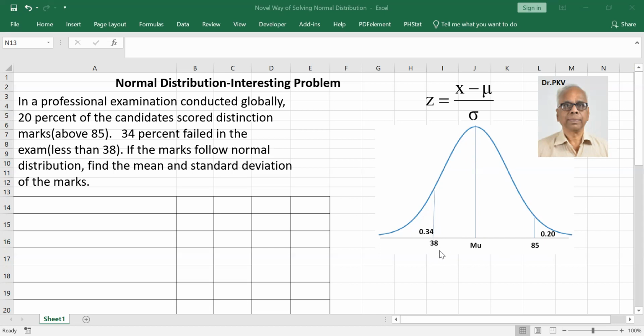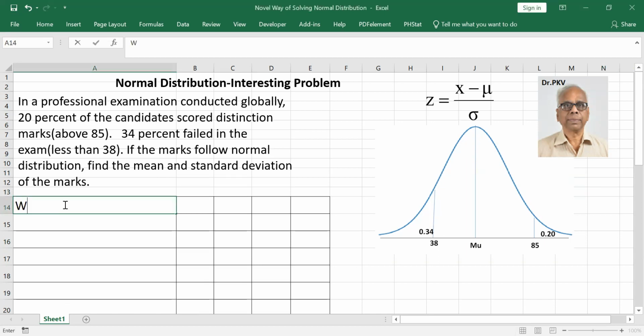Now 38 is not the ordinate. 38 minus mu by sigma will be the ordinate. We have to find that out. Similarly, 85 minus mu by sigma is the ordinate corresponding to the distinction marks, which we also have to find out. So in a clever way, let me model this and show you how to solve this problem.